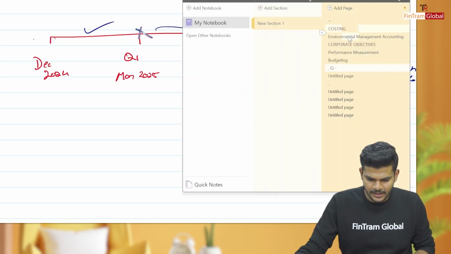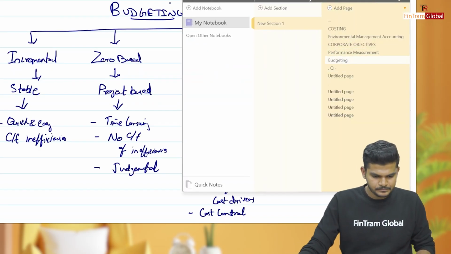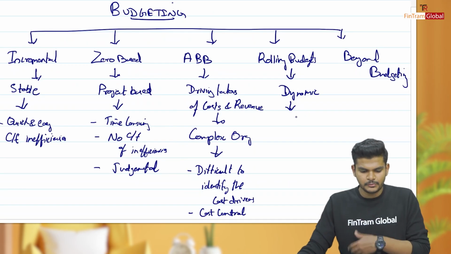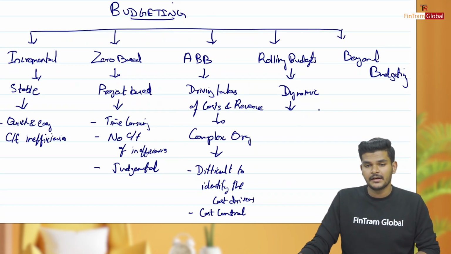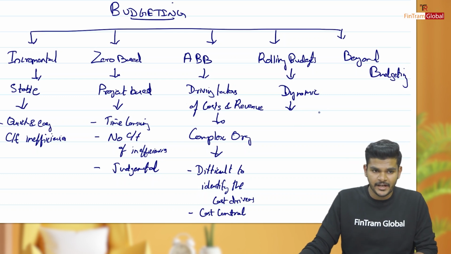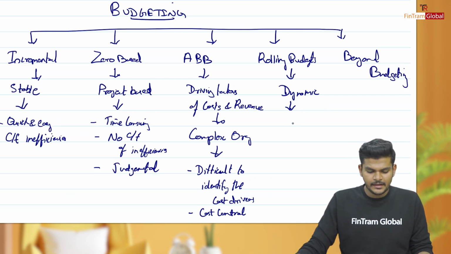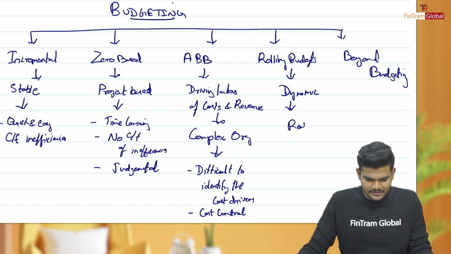Okay, folks. So yeah, going back to the budgeting aspect. It's a dynamic budget suitable for dynamic organizations operating in a dynamic environment. So be mindful of that. And then, are there any advantages? Most definitely yes. We will have realistic and up-to-date budgets.